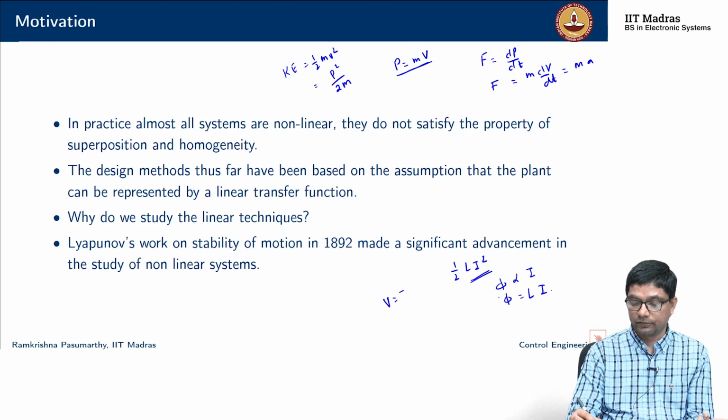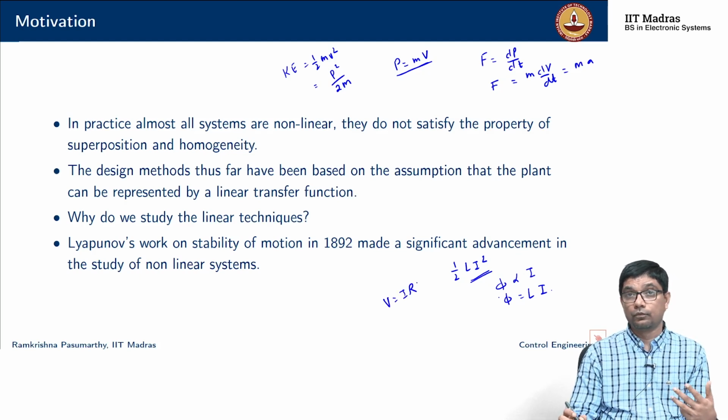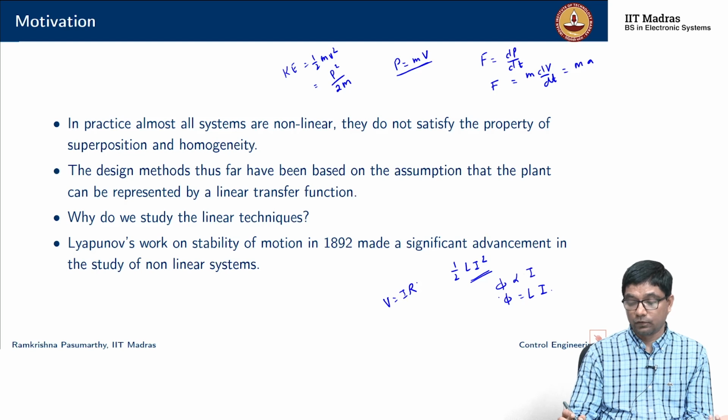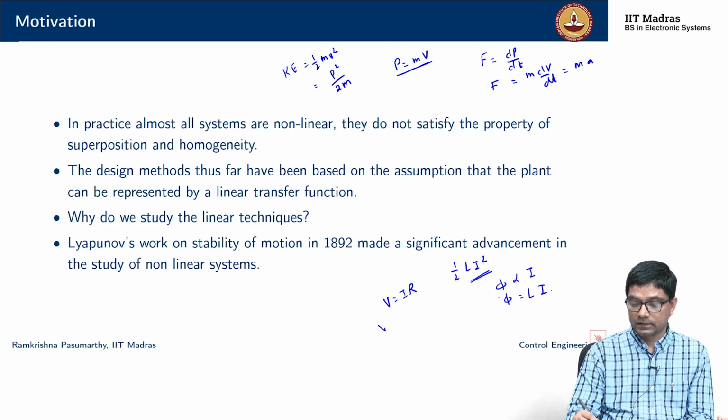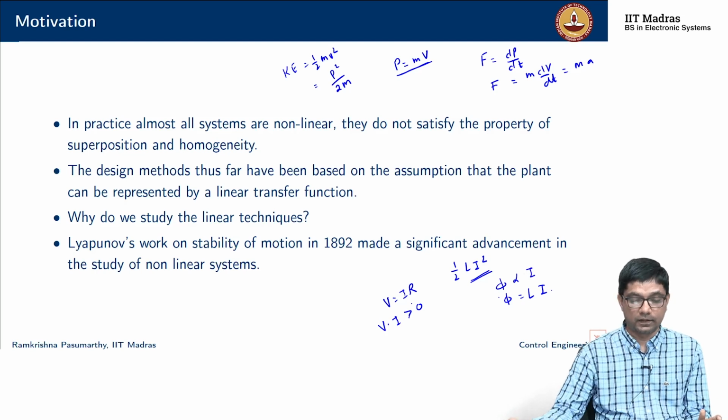Similarly we say V equals I R, even though this may not be true. The definition of a resistor is that V times I must be greater than 0, that it must dissipate power and so on.